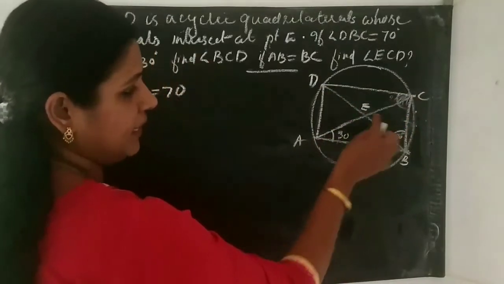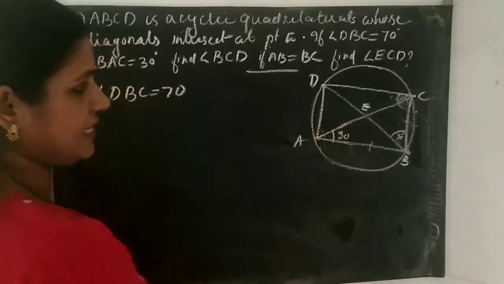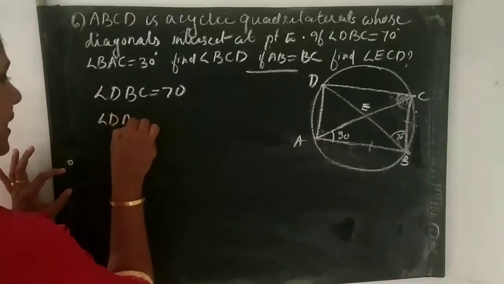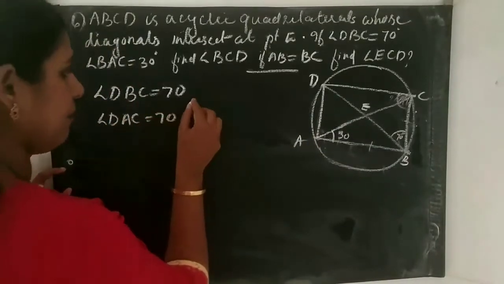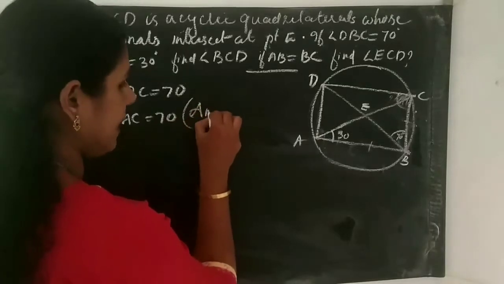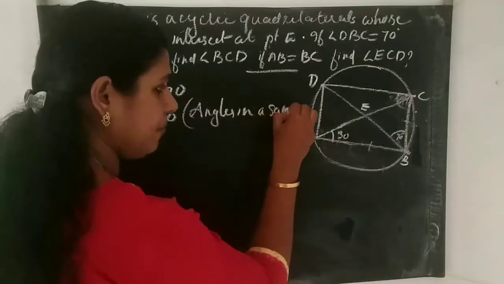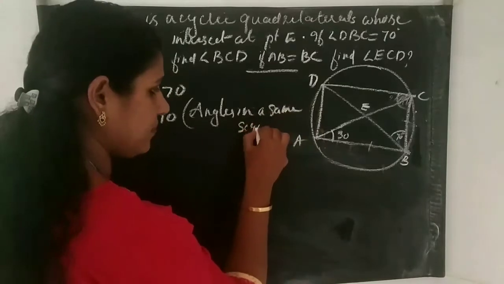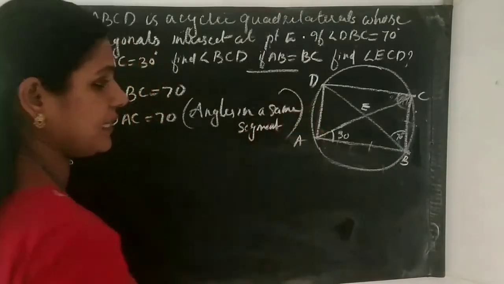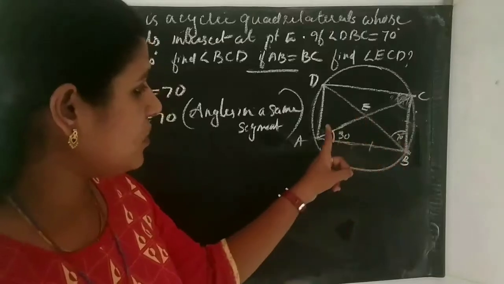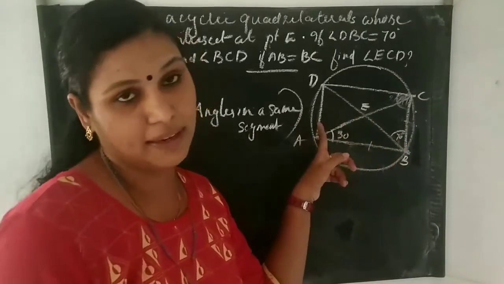So this is 70, then this angle DAC is also 70 degrees. Angles in the same segment are equal. So DBC equals 70, so DAC is also 70 degrees.